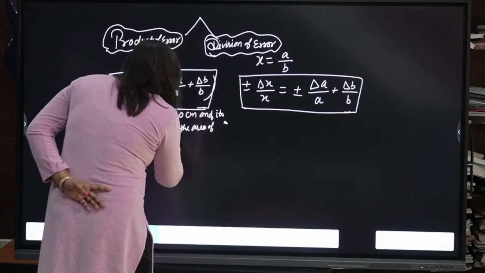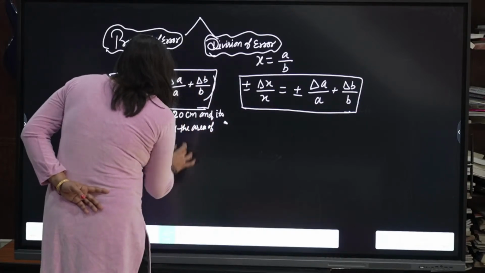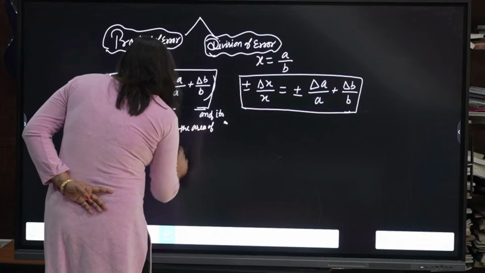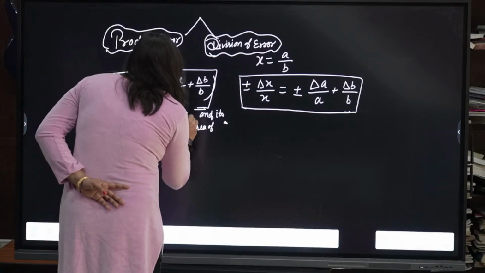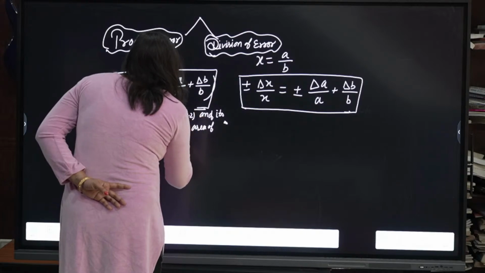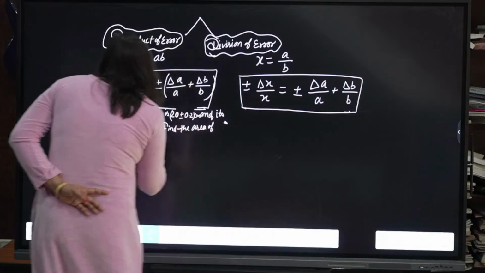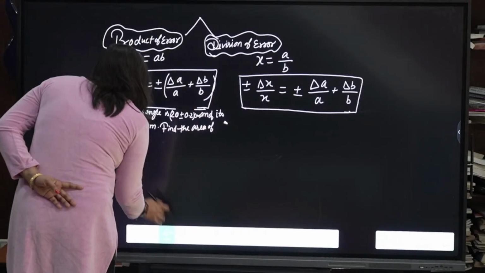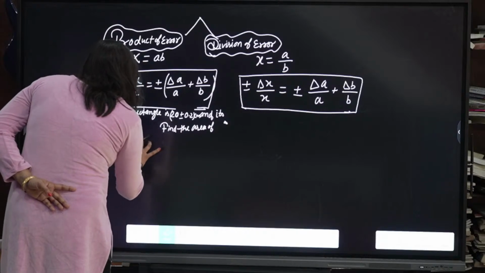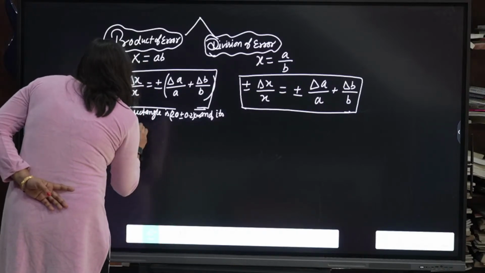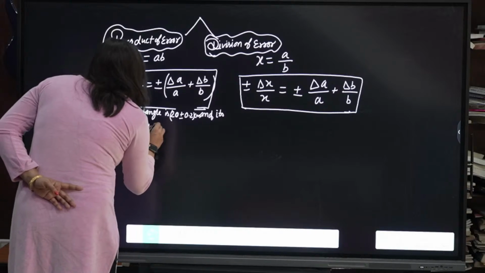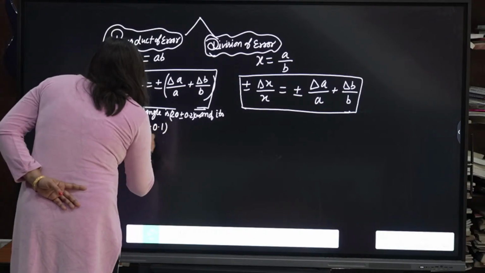Here also the values are in error form: 20 plus minus 0.2 centimeter, and here also in errors, 10 plus minus 0.1 centimeter.